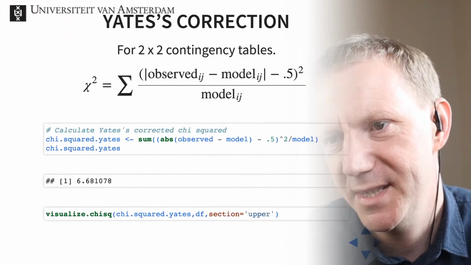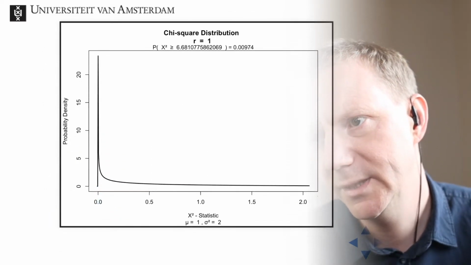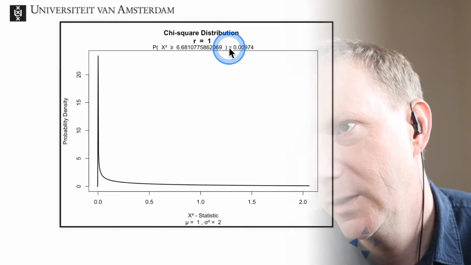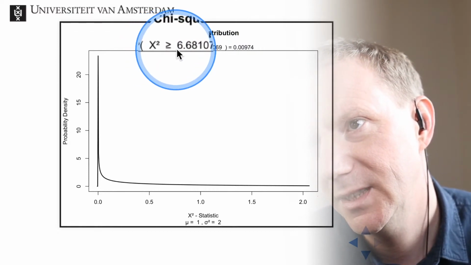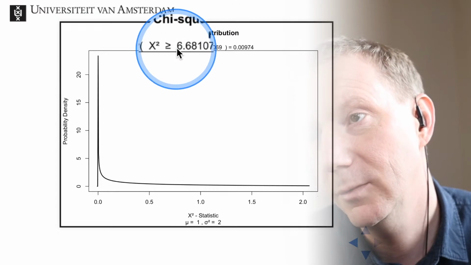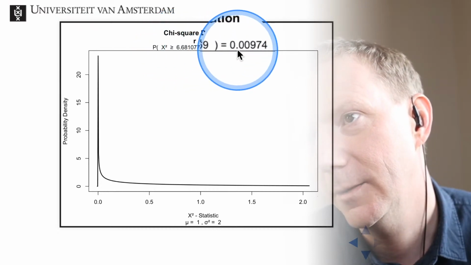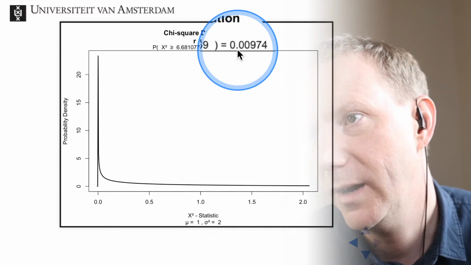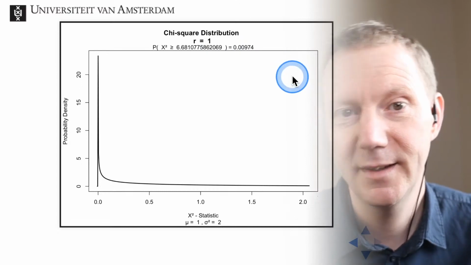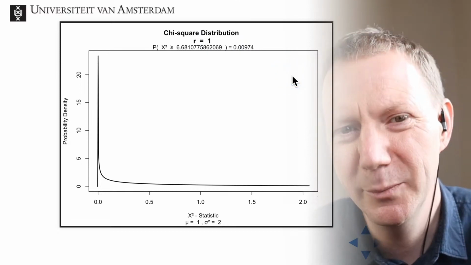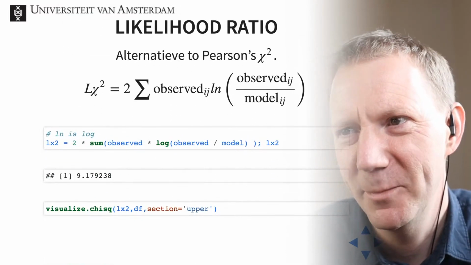And even if we test this again with the visualize function, we see that the probability of getting a chi-square value of 6.6 or higher is still lower than 0.05. So we're still finding that there's a difference between males and females in their ability to whistle. Maybe we should contact Simone.